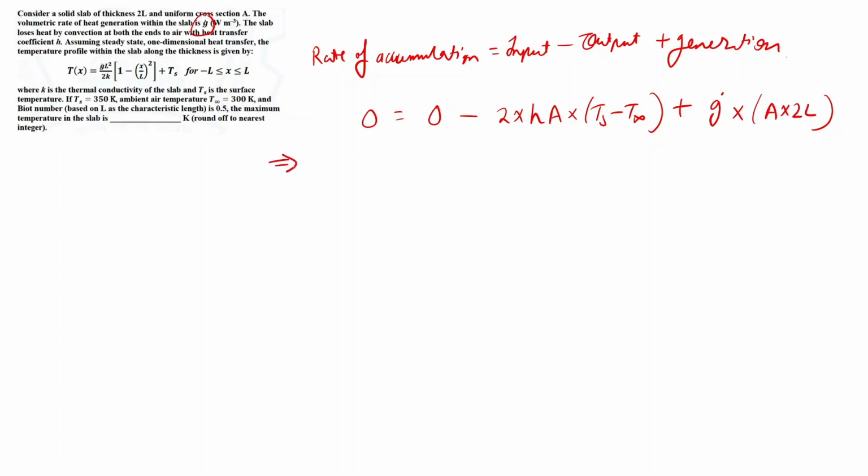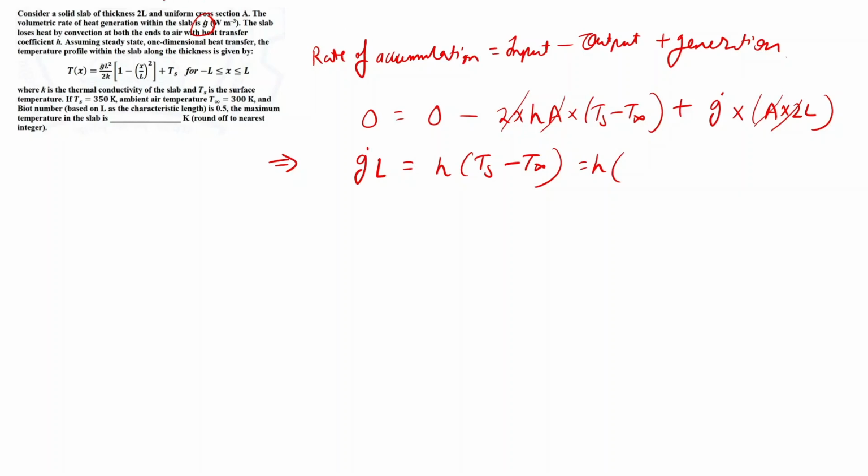So we can just cancel 2A, 2A. This will give us G dot L is equal to h into Ts minus T infinity.